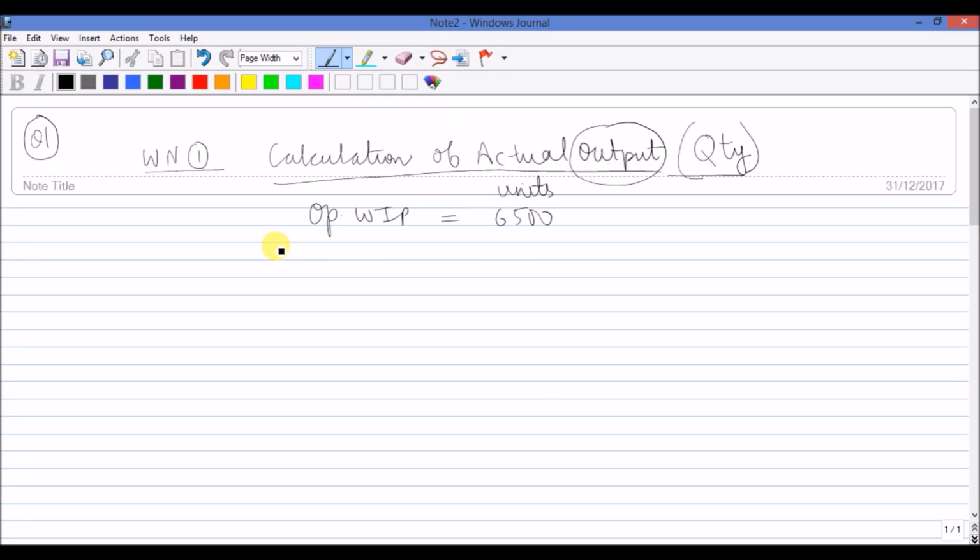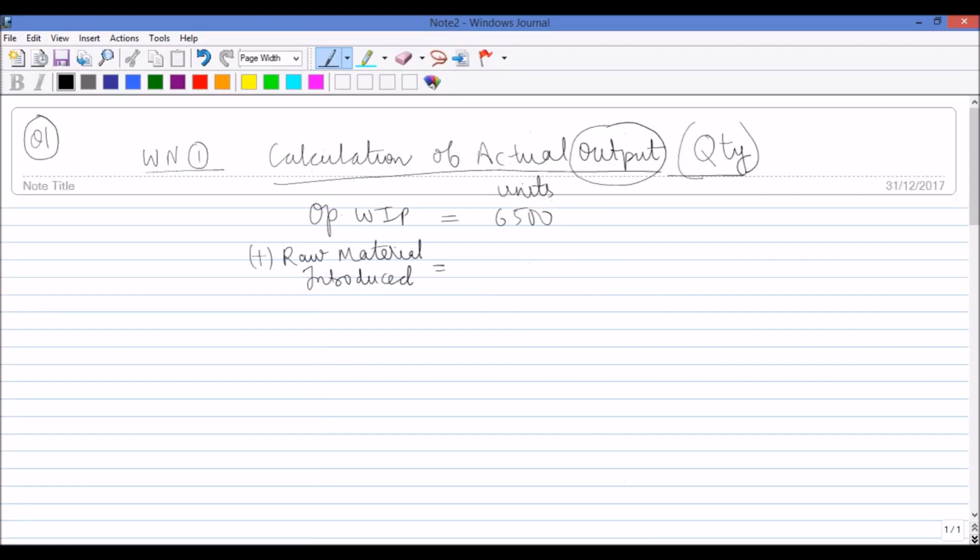This is the raw material which is introduced from the previous process, 60,000 units.